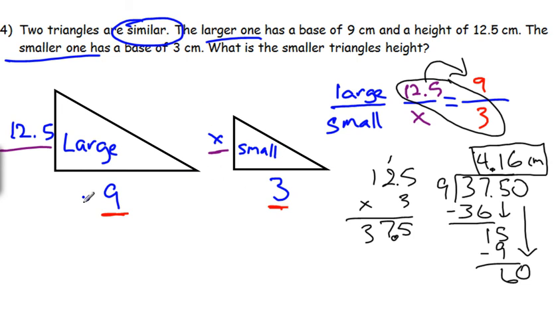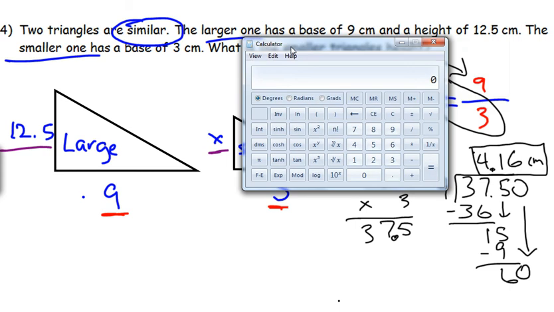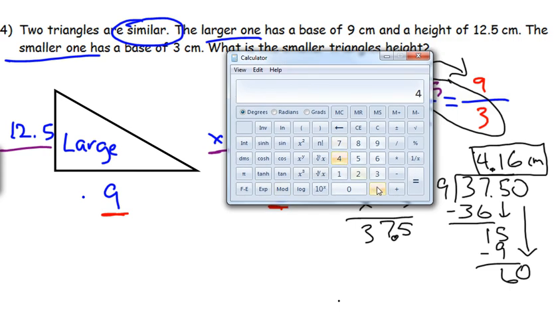And hopefully some of you notice, well, this side here is 3 times as big as that side, so shouldn't this number rather be 3 times as big as that? And let's see if that's true. Let's bring up our calculator here. Let's say we said it was 4.16.